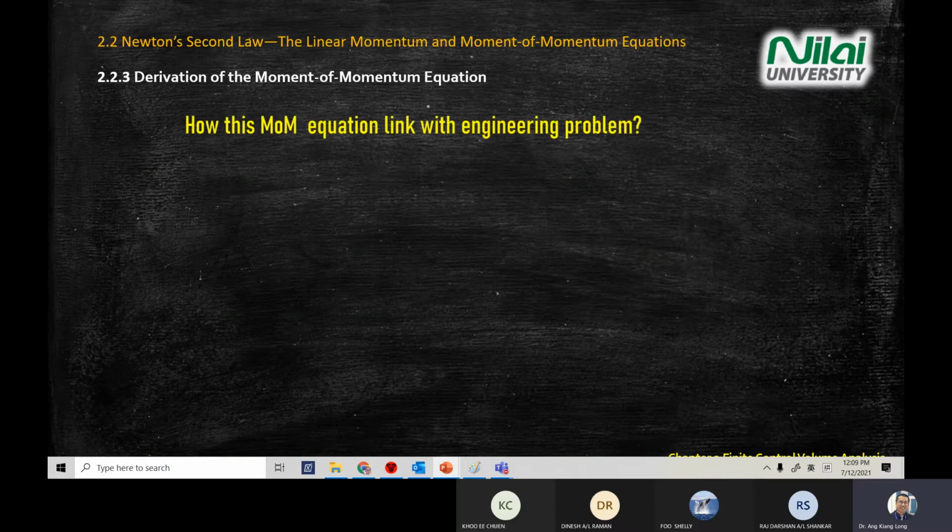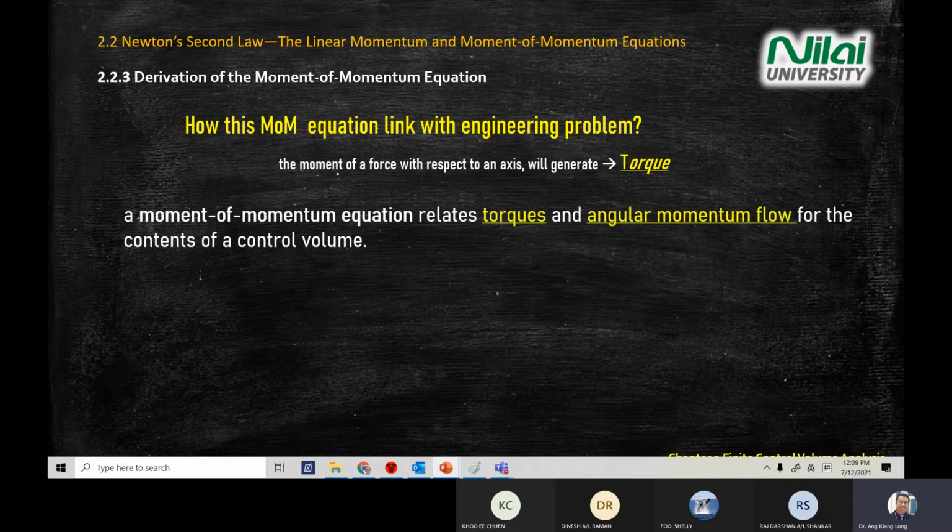We start. I just explained what torque is, and we're going to input this torque, or moment, into the momentum equation that we learned previously. We're going to look at torque and angular momentum flow.